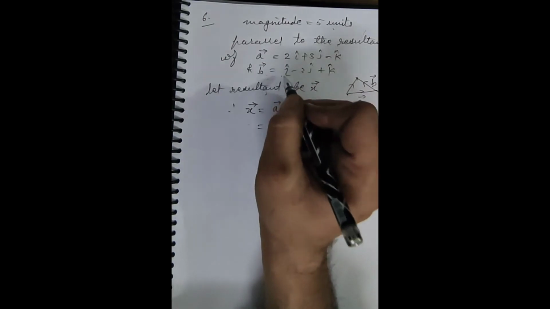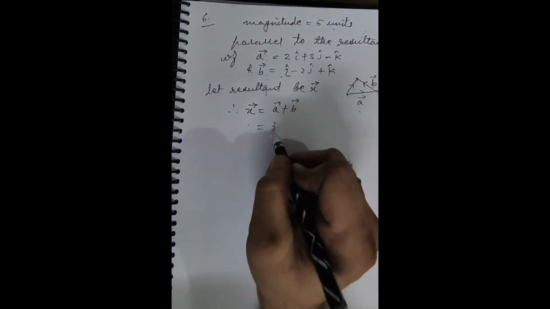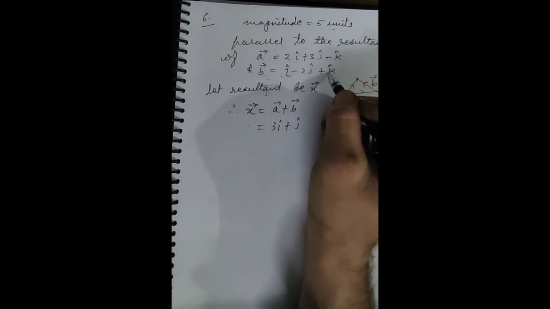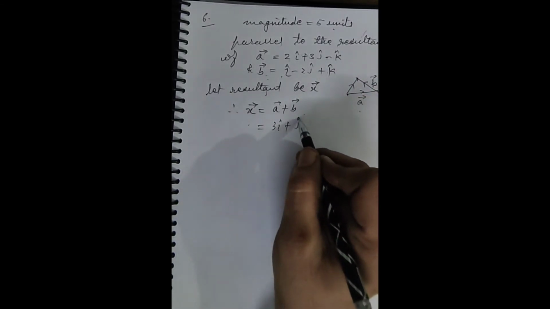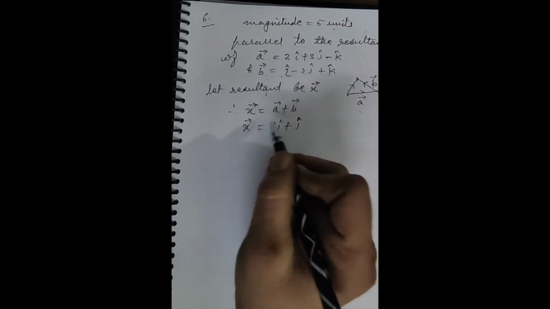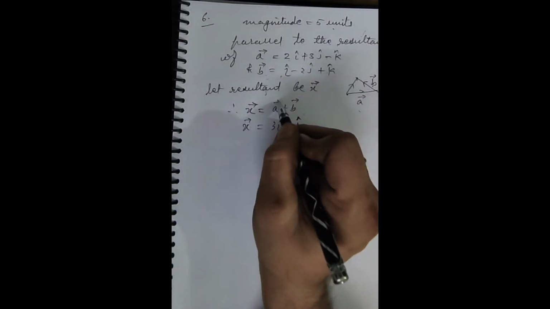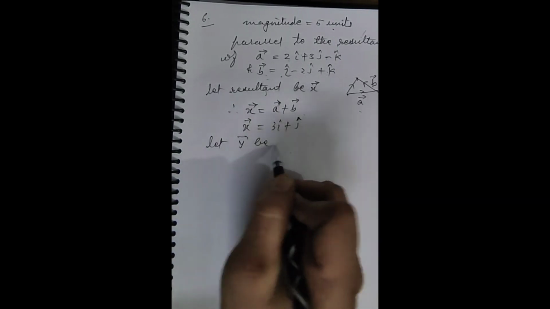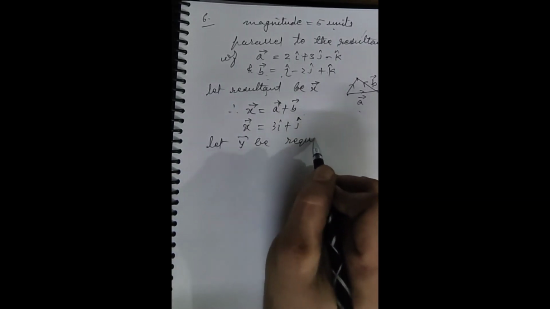So by adding them component wise, we get 3i, 1j, and this k and minus k cancelled out, so only 3i and 1j. This is the resultant of A and B. The required vector, let it be y.